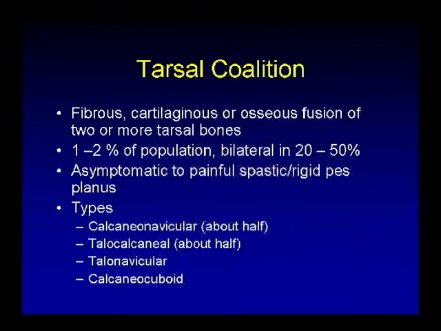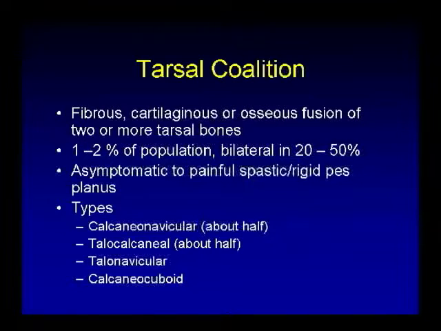Tarsal coalition can be fibrous, cartilaginous, or osseous, and it's seen in 1 to 2% of the population. It's bilateral in up to half. It can be asymptomatic, but the classic history is a painful, spastic pes planus. Calcaneonavicular and talocalcaneal are about half and half.